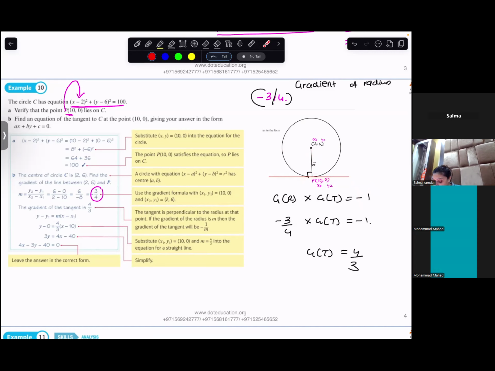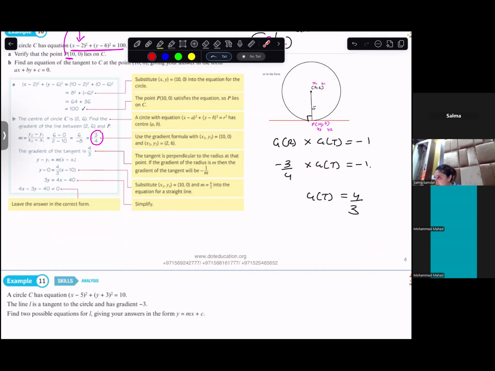What do I want? I want the equation of the tangent, and now I have the gradient of the tangent. I know the point at which it is intersecting is 10, 0. So I will use the slope point form.